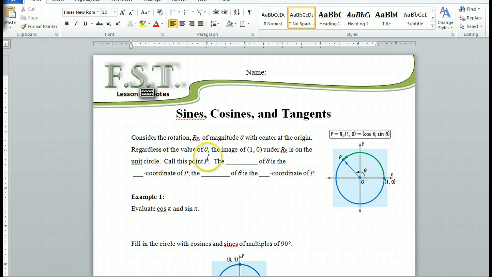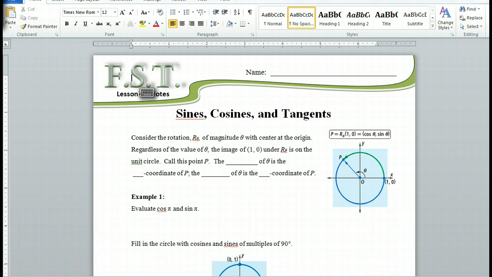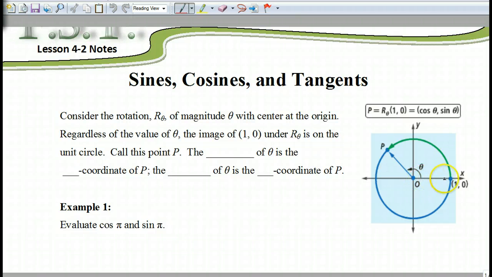Regardless of the value of theta, the image of (1, 0) under R sub theta is on the unit circle. So the image goes from here, this was the pre-image starting at this point, it becomes P over here because the angle moved theta amount.